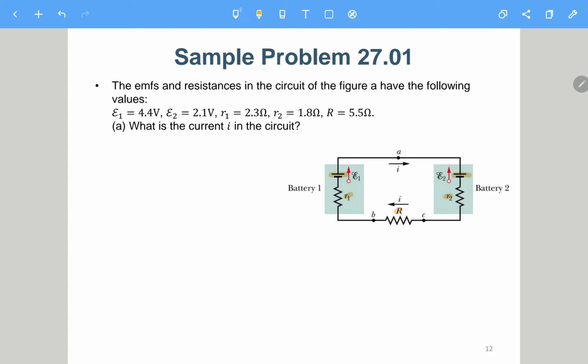For R1, R2, R, they are just in series, so nothing special. We just need to add them together.